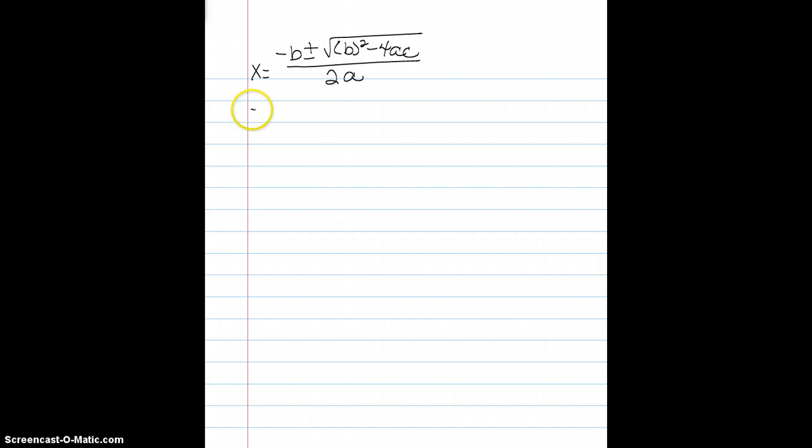If my first equation that I want to look at is something like x squared minus 6x plus 9 equals 0, then what I am going to put in here for a is 1. That's the number sitting in front of my x squared. Remember, if I don't see a number in front of the x squared, it's 1. B is negative 6, and C is 9.